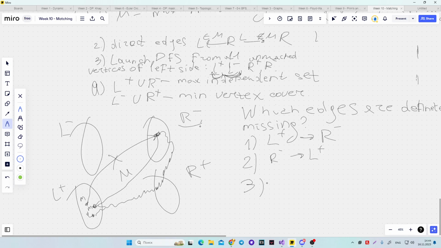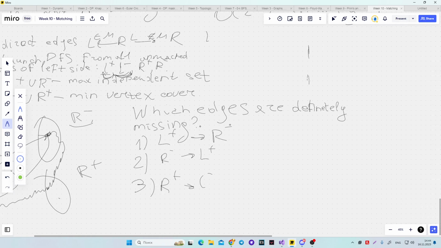And what about edges from R plus to L minus? Because if we visit R plus, we visit L minus 2, a vertex from L minus 2, and this vertex is not in L minus.